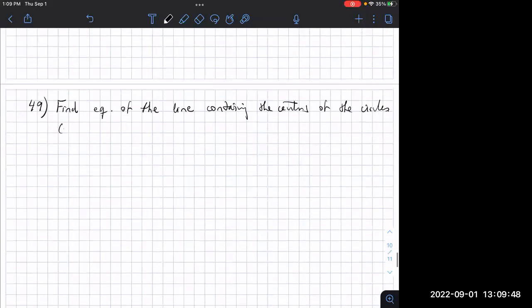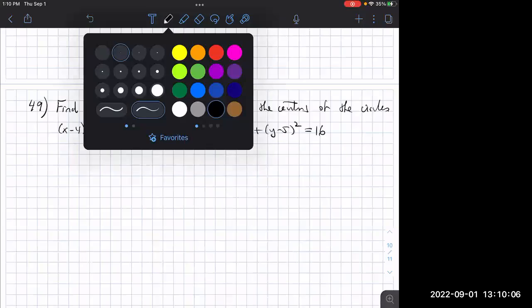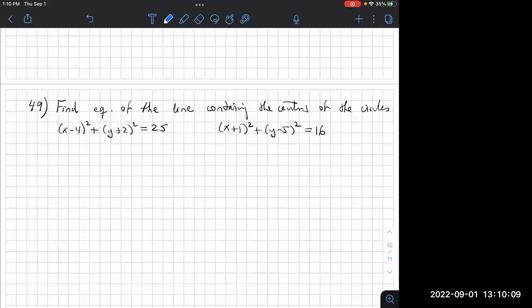Okay, so we have x minus 4 squared plus y plus 2 squared equals 25. X plus 1 squared plus y minus 5 squared equals 16. Okay, so first you can see that we have two circles, right? One circle and another circle.